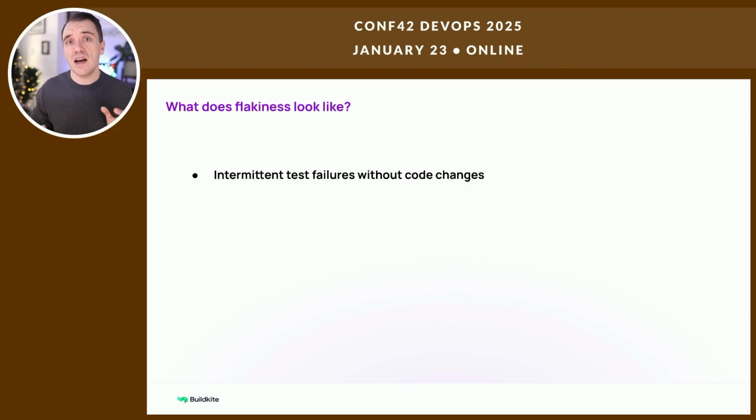This could be a case of a different test result across multiple retries in a single CI run, or unpredictable results across multiple commits and CI runs for a portion of code that hasn't been touched. So when nothing obvious has changed, but your tests are giving unpredictable results, there's probably something flaky happening there. We could probably at least take a second glance and assume that test could be flaky.